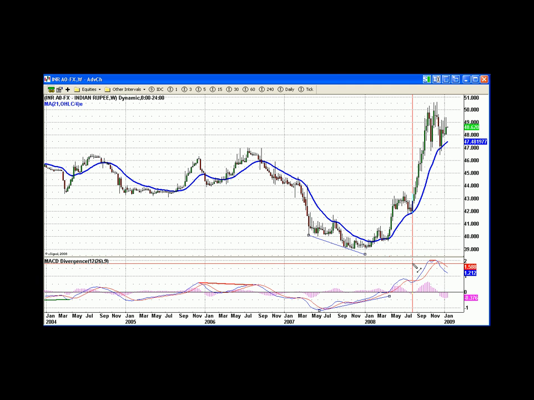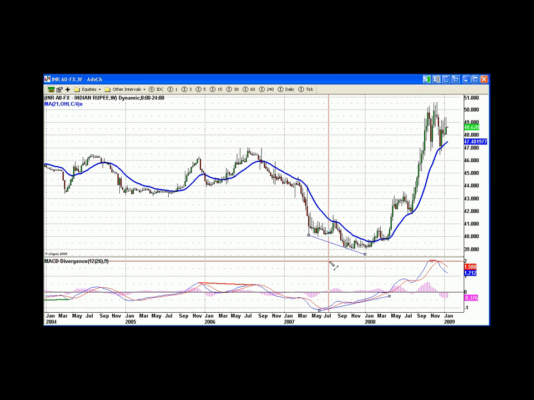Secondly, what we then had was the price at this point crossing the 21 period EMA. Up until now, as you can see, it's really been acting as a great resistance. After it crosses, it retests the breakout point, and that basically confirms the bull move in the US dollar.